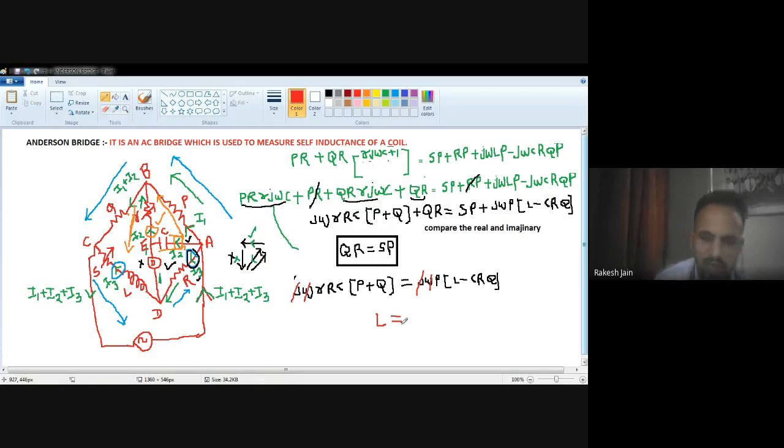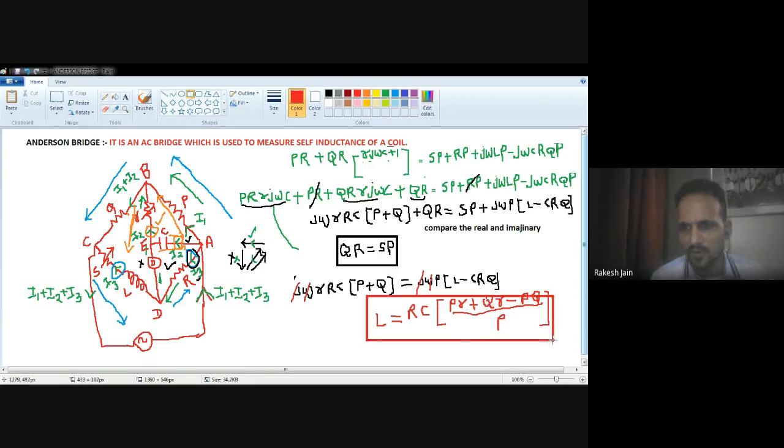L is equal to RC, in bracket, PR plus QR minus PQ, divided by P. So this will be your final formula for the self-inductance of this coil, which we just found with the help of this bridge.